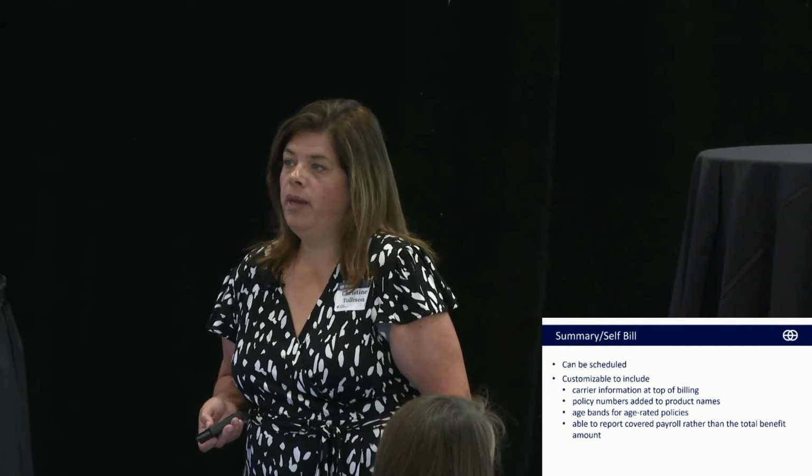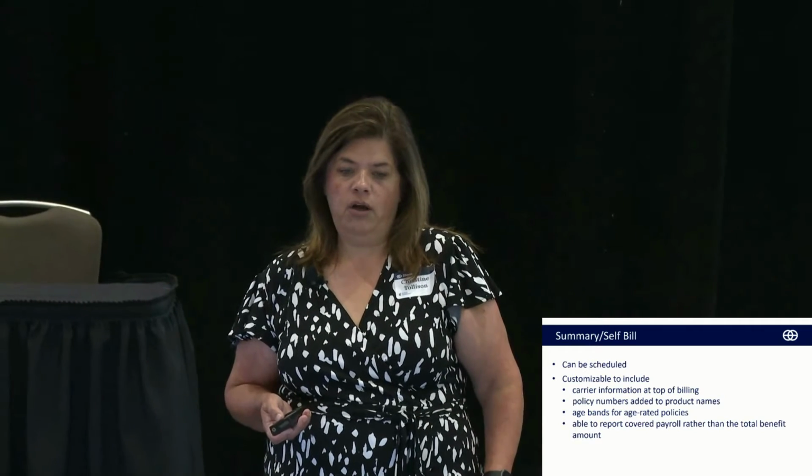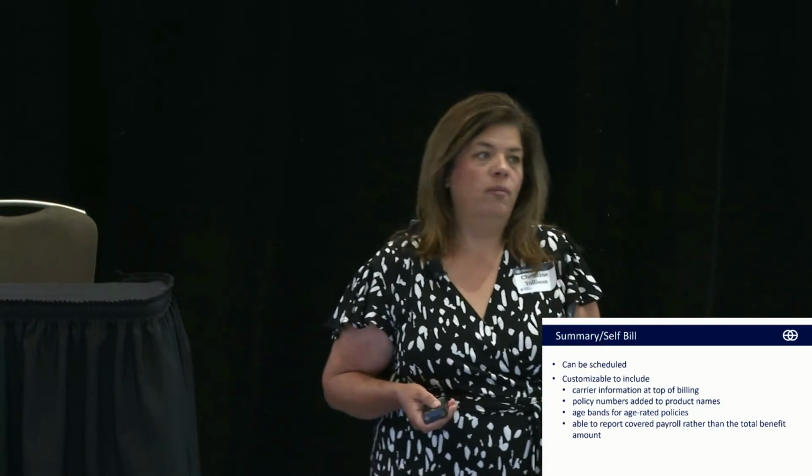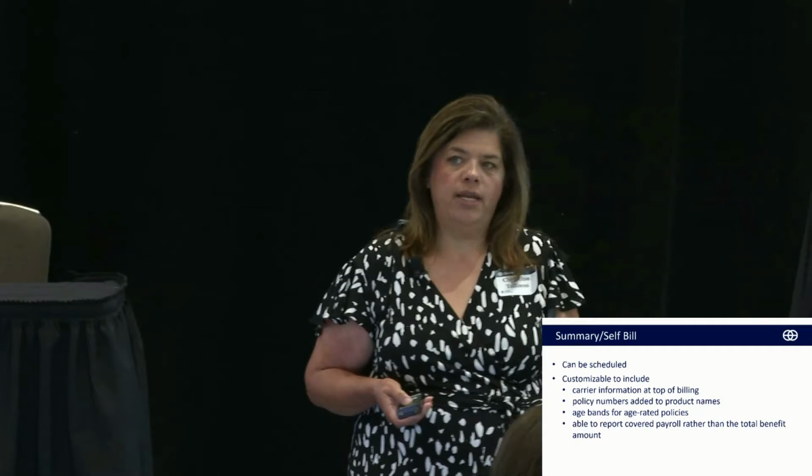And we are able to report your covered payroll value instead of total benefit amount on plans such as your disability products that may be rated that way. So it's a custom feature. We have to just add some coding onto the report. And for the most part, we've probably caught most of those. But if you're finding that you are manually updating that information before you're adding it to a template with your carrier, let us know so that we can save you some time on that.